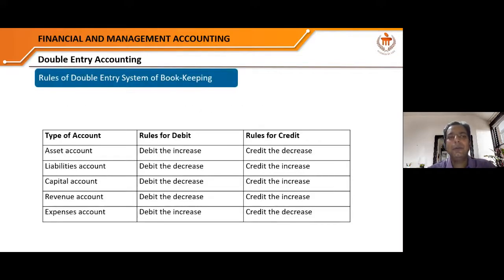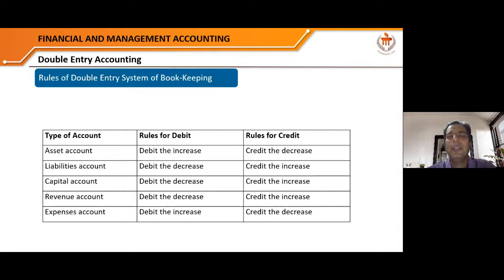Then the rules for the modern approach. Again, it's a simple one. Whatever assets and expenses I have fall into one category.